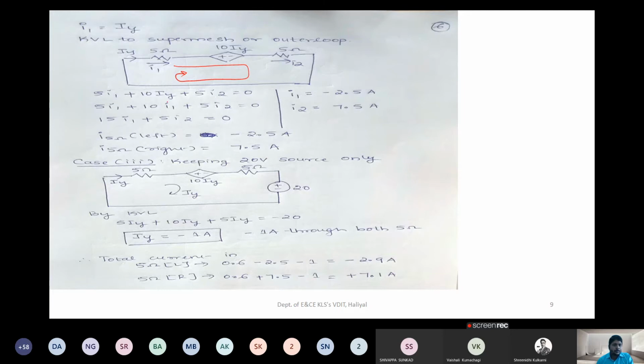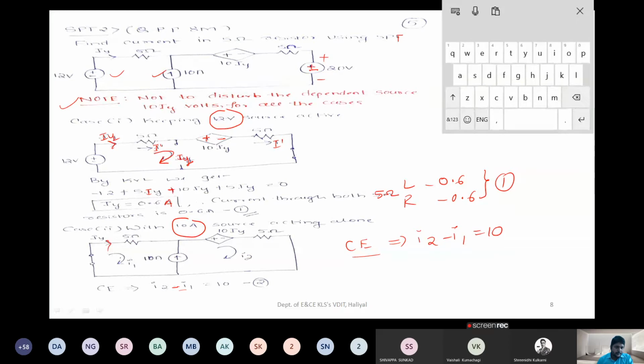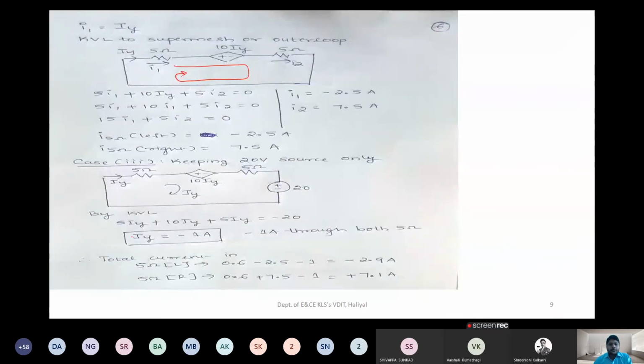But what is Iy? Iy is I1 only. How? You can observe this in the given circuit itself. Where Iy is written, it comes in the first loop only. Hence I1 equals Iy. Taking that, you get this equation.